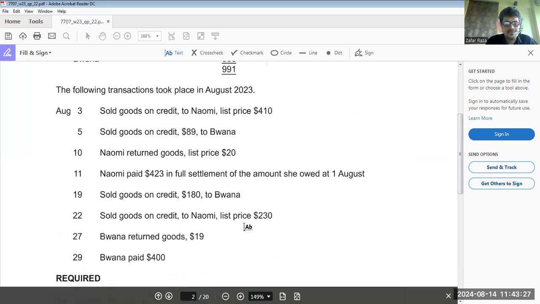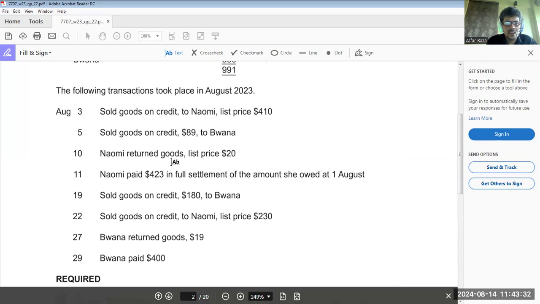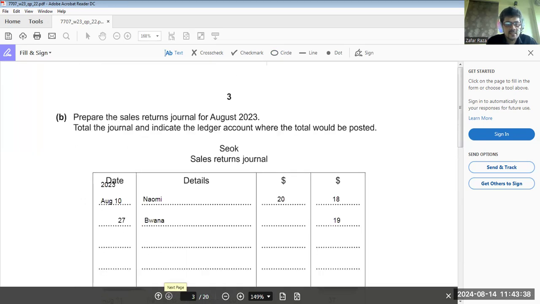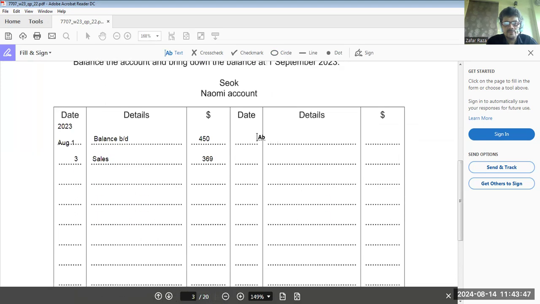Then Nomi returned goods on 10th August, $18. 2023, August 10, sales returns.